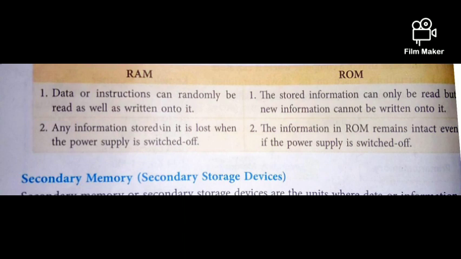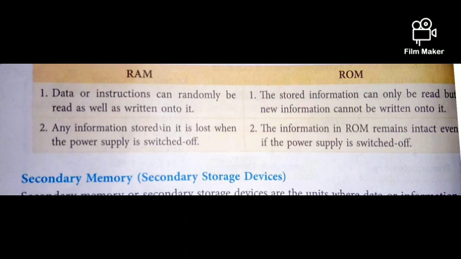There are 2 points mentioned on page number 6. In RAM, data or instructions can randomly be read as well as written into it. In read only memory, the stored information can only be read but new information cannot be written onto it.